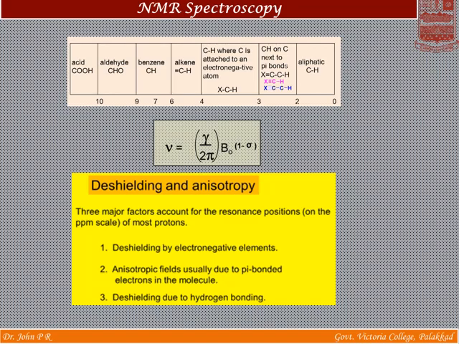This variation of the resonance frequency due to the electronic environment of the nucleus under study is termed as the chemical shift. So the decreased shielding results in a higher resonance frequency at a given B0 value, since sigma enters the equation after a negative sign.